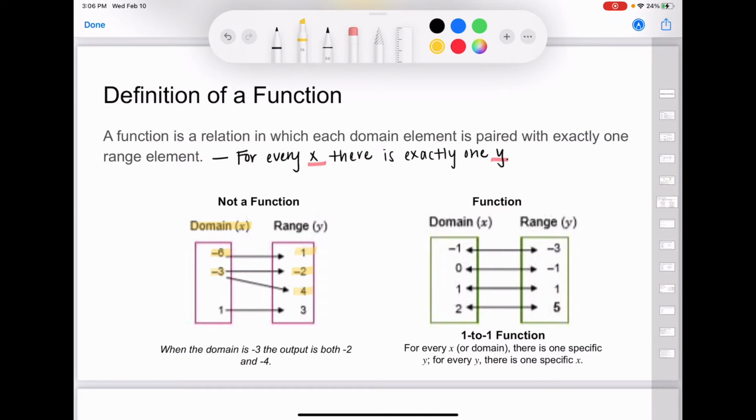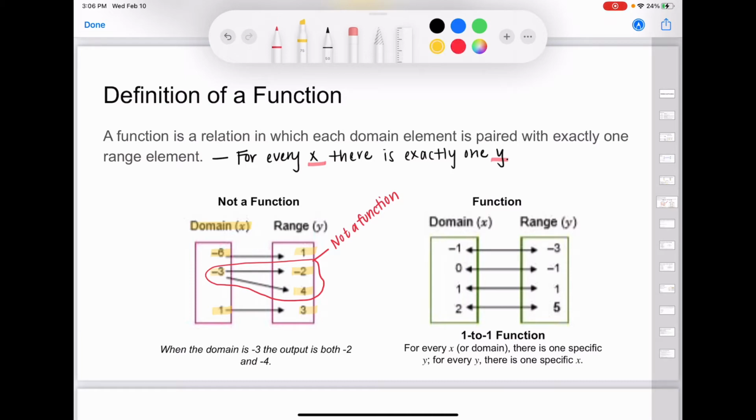And the domain x value 1 is paired to 3. Because the x value -3 is paired to two y values, this makes it no longer a function. So not a function.